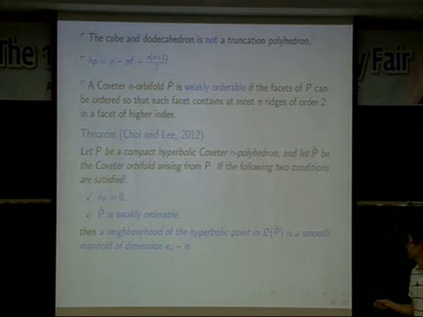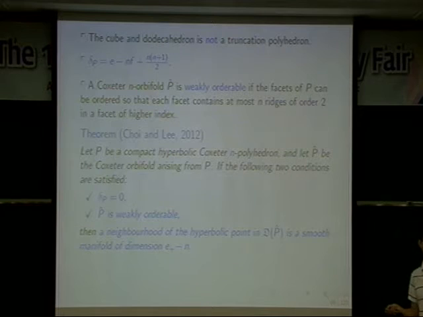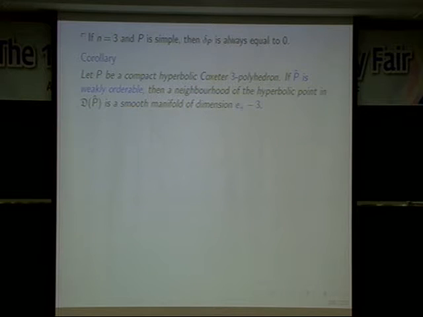So if E plus is greater than n, then it is deformable, otherwise rigid. Also, if n is 3 and P is a simple polyhedron, then delta is always equal to 0.